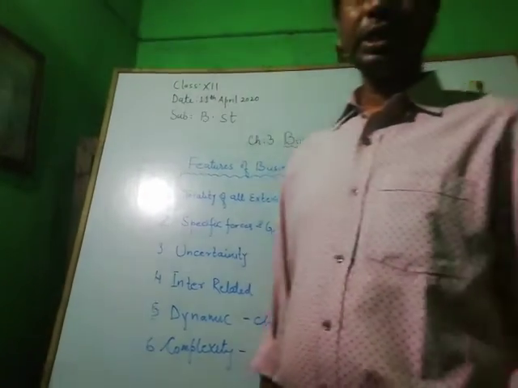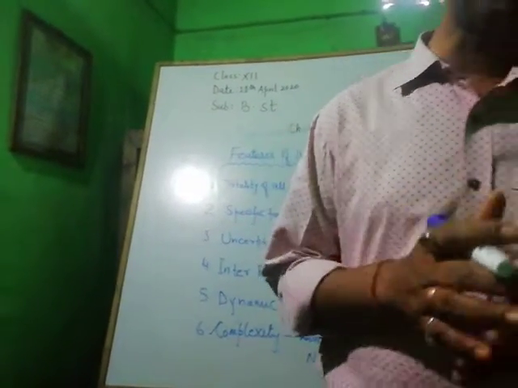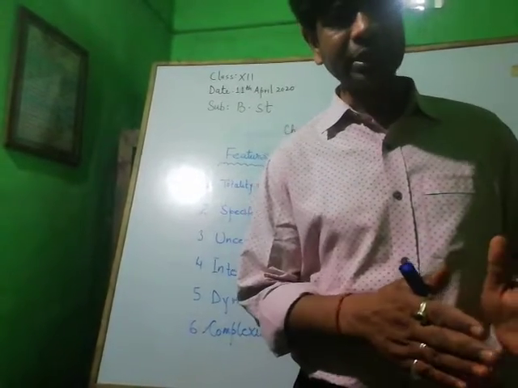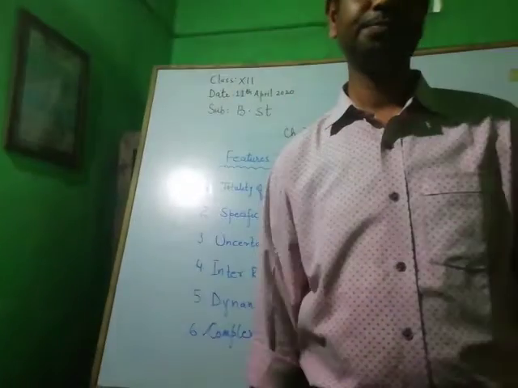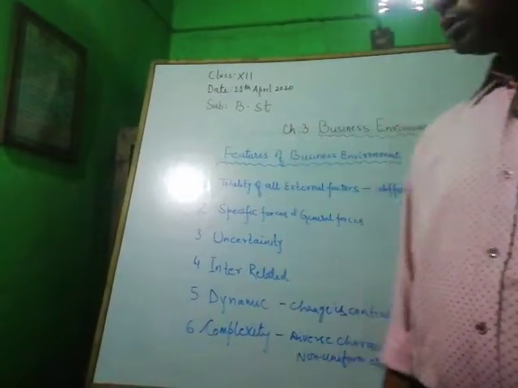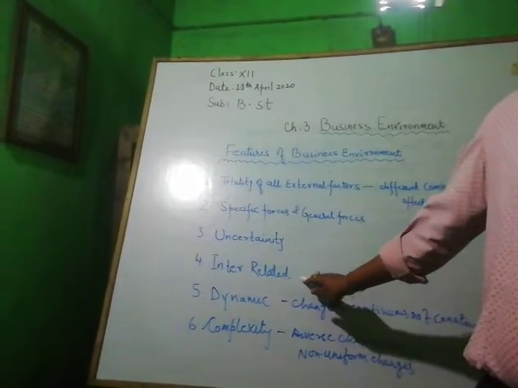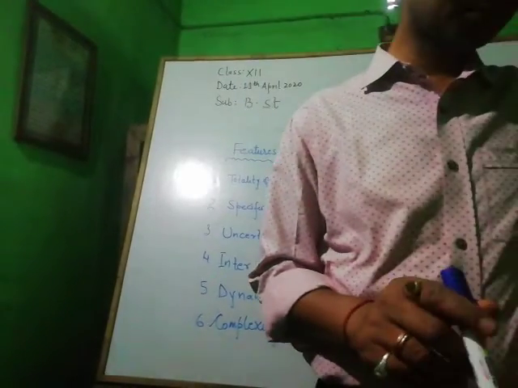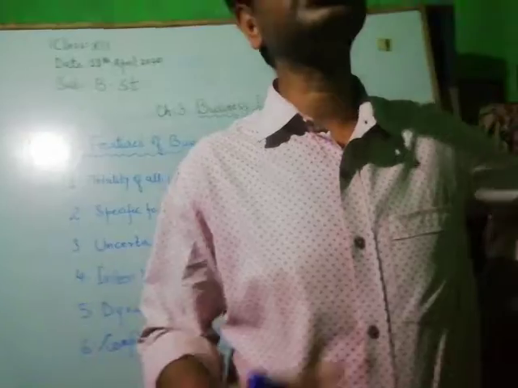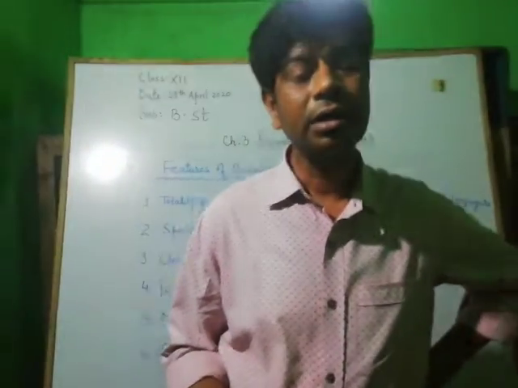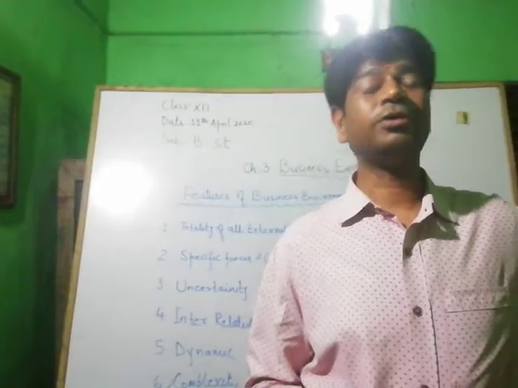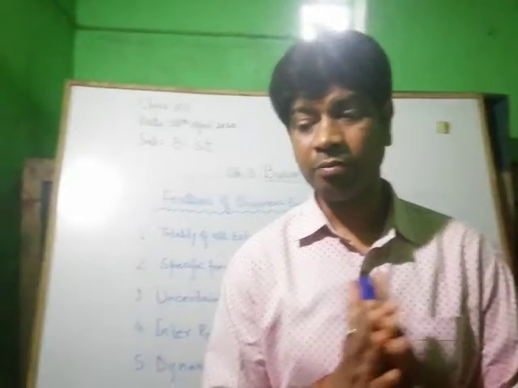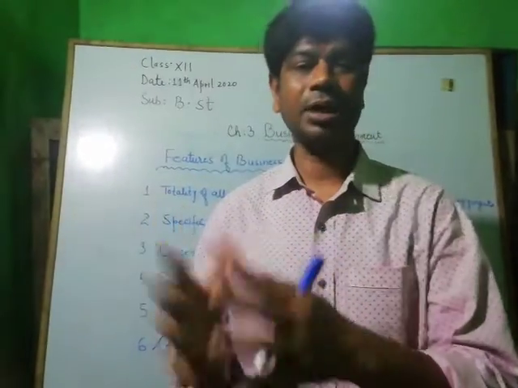The fourth one is that the components of the business environment are interrelated. It means a change in one factor leads to a change in other factors. How? For example, there is now a growing consciousness among Indian consumers for health related products, or rather Ayurvedic products.